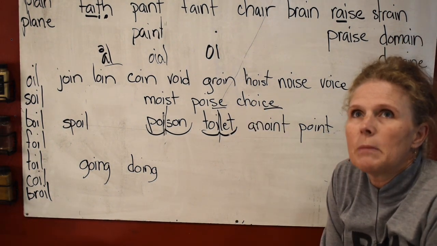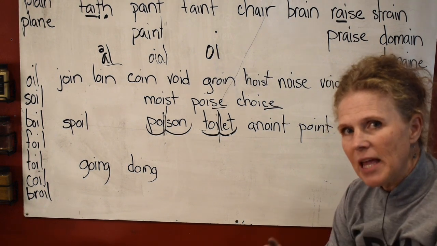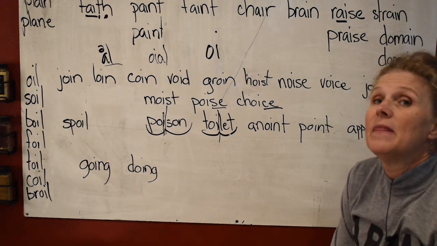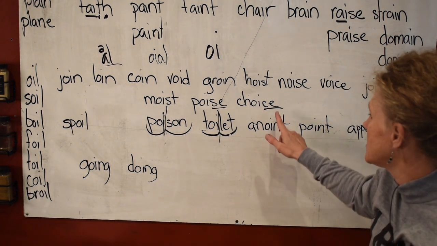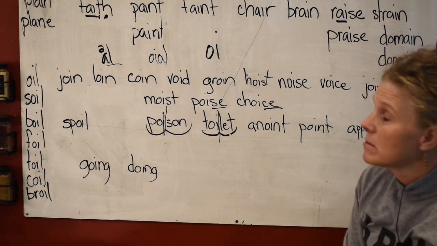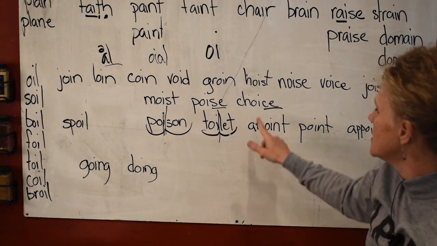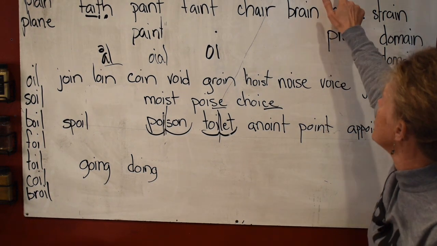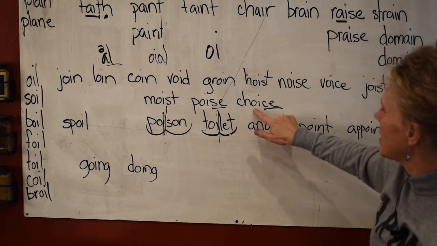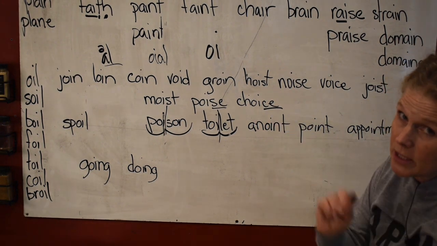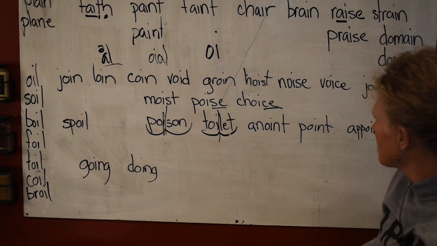But if you're wanting to spell the S sound at the end of most words and you want that sound, then you know it needs to be a CE. Unless you have one vowel and it ends in an S. See how this has more than one vowel? So you know that there's no way you can do this double S because it has more than one vowel. You have to do a CE. I would do a CE first if you're guessing how to spell.